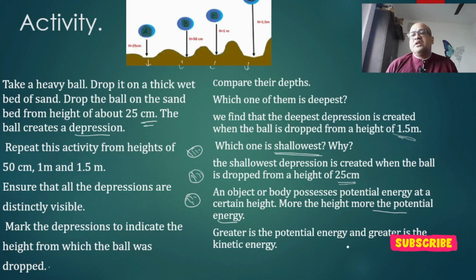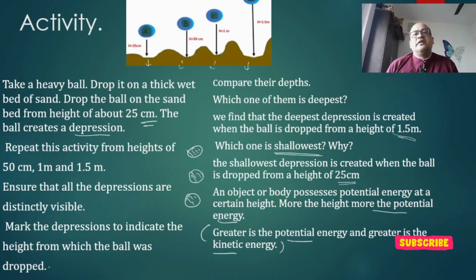Greater is the potential energy, greater is the kinetic energy. If the potential energy is greater, then the resultant kinetic energy will also be greater. So what have we learned from this activity? We have learned that height and potential energy have a relationship.